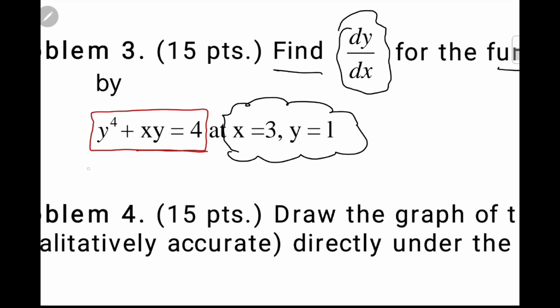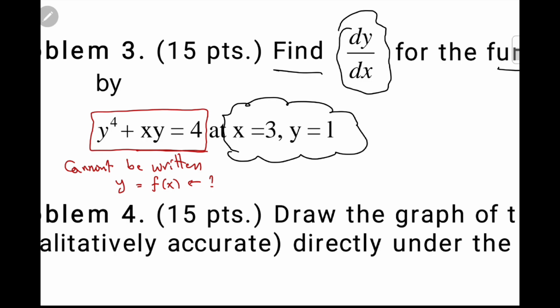This is a non-linear relationship, and it's not explicit, it's implicit. So the implicit expression cannot be written in the format y equal to f of x. This is the problem, so we cannot do that.